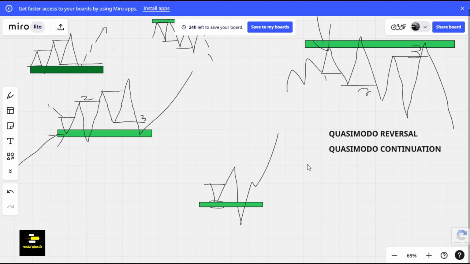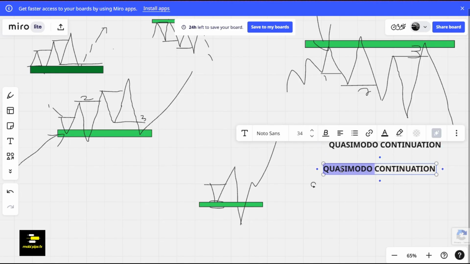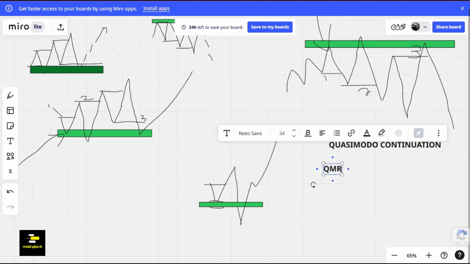So it's QMR or QMC. That is what we are going to use to mark our entry: the QMR, the Quasimodo reversal or Quasimodo continuation.